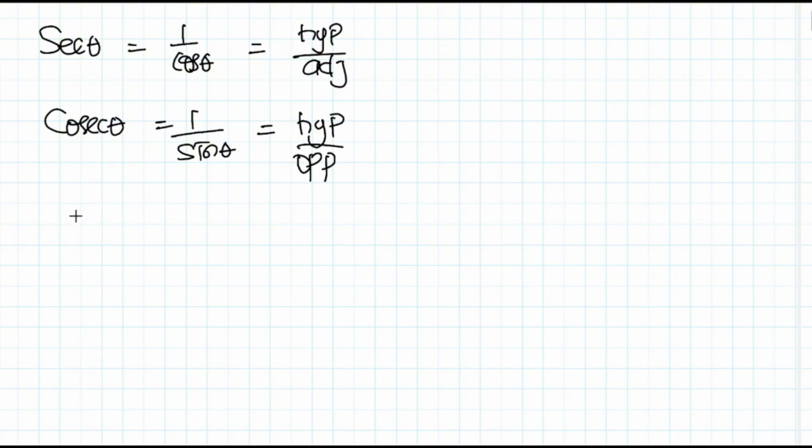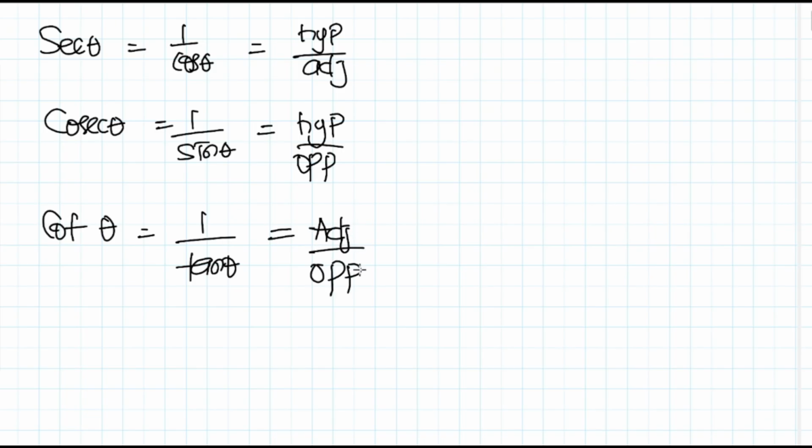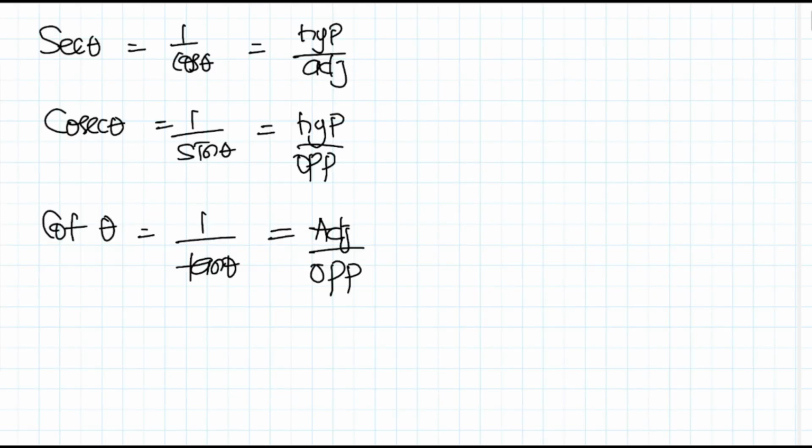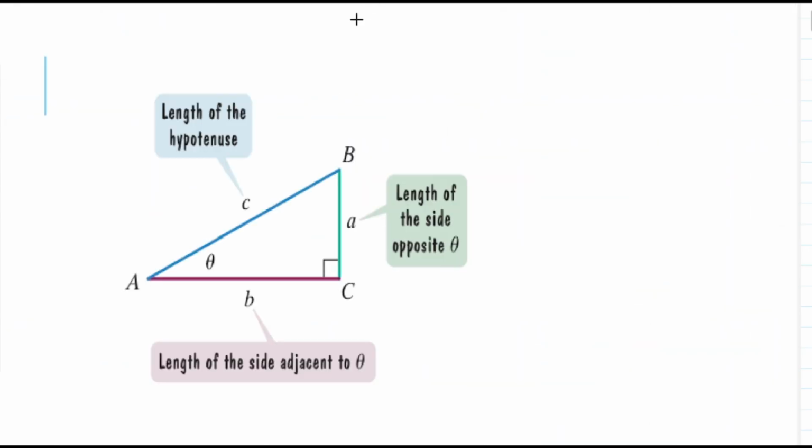And then we have cot theta, which equals 1 over tan theta, and that would be adjacent over opposite. So this is how to define the same ratios using a right angle triangle. So they also derive their definition from it.